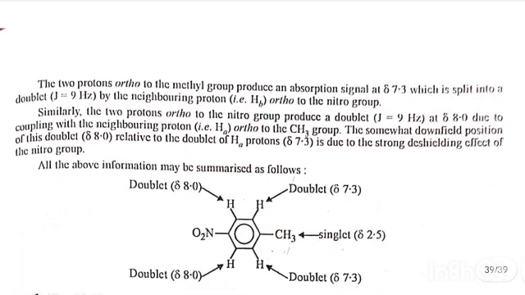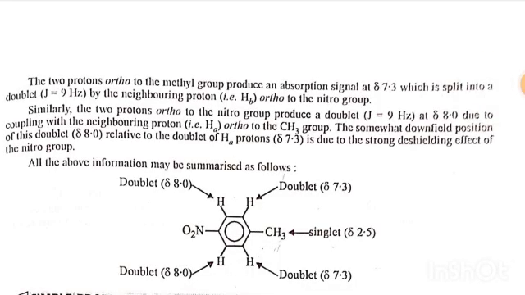The 2 protons ortho to the methyl group produce an absorption signal at delta 7.3, which is split into a doublet, J equals 9 Hz, by the neighboring proton, that is HB, ortho to the nitro group.